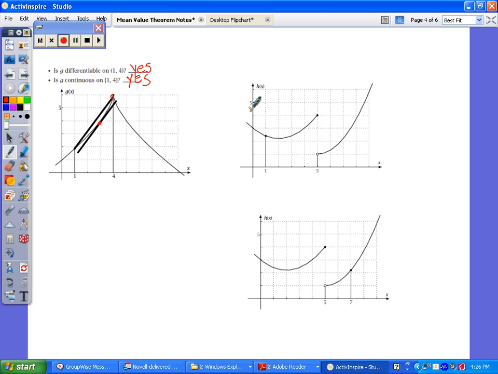These two graphs we're going to use to explore if it matters whether it's continuous or not.